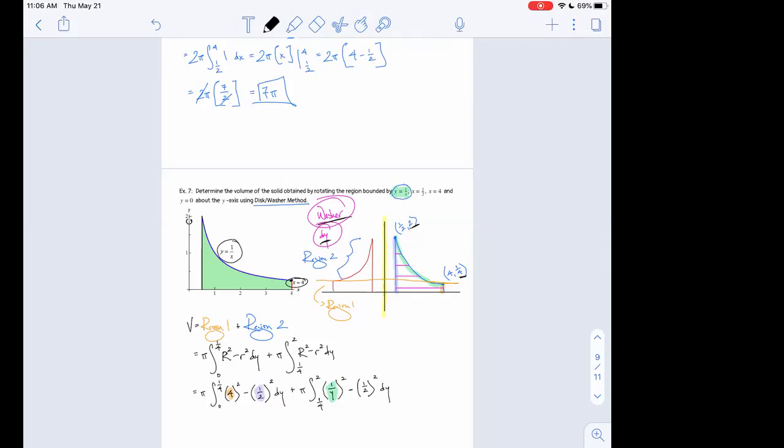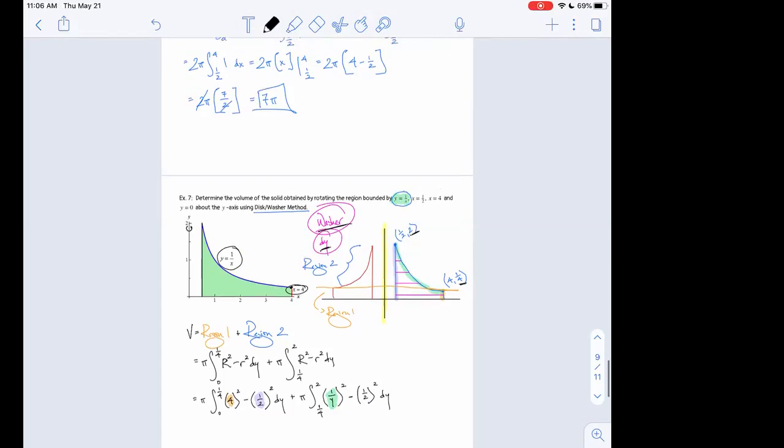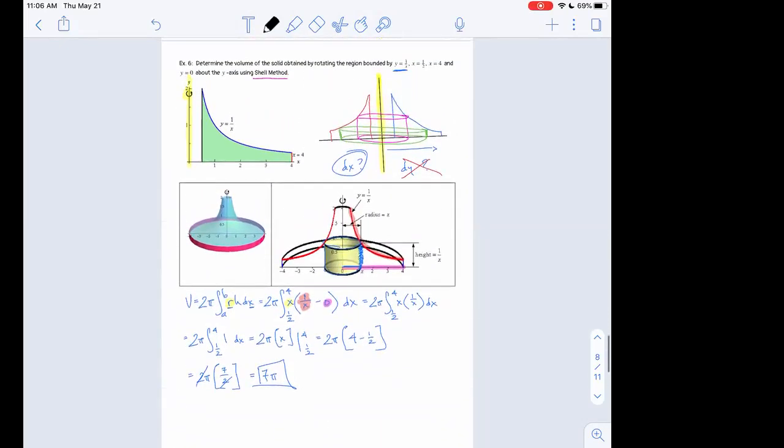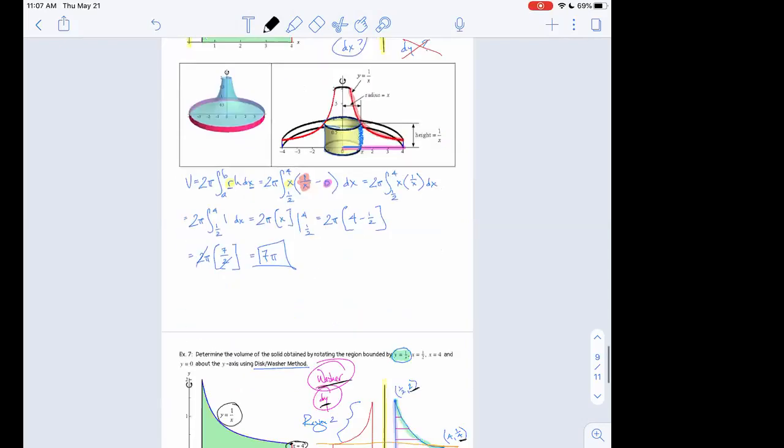So I would have looked at my washer setup and been like, I don't feel like adding 2 different integrals together. So I'm not going to choose this method. Instead, I will think about how I can use one method or one integral setup to get to my answer, okay? So we know that the answer for example 6 is 7 pi, all right?